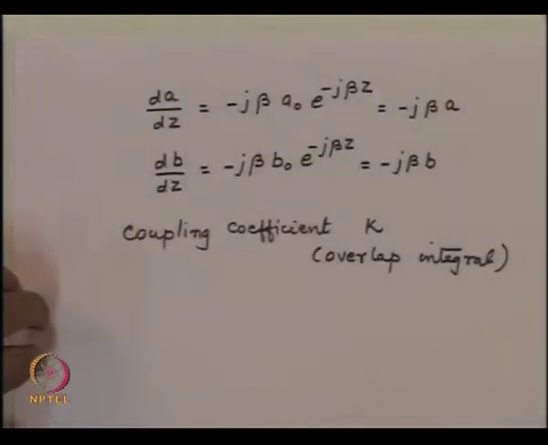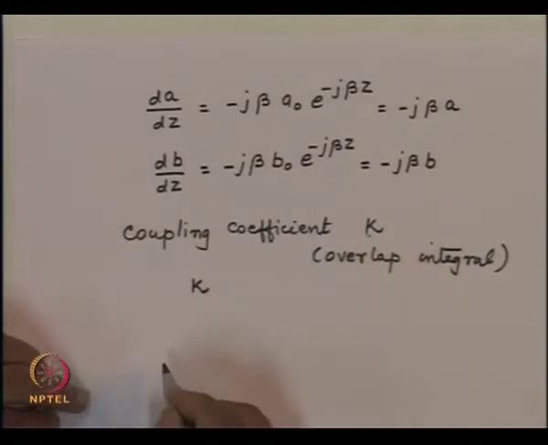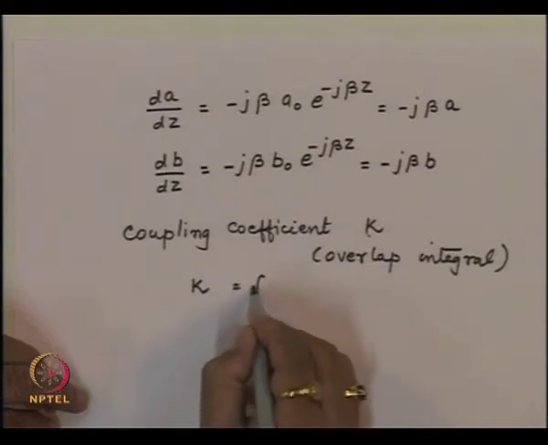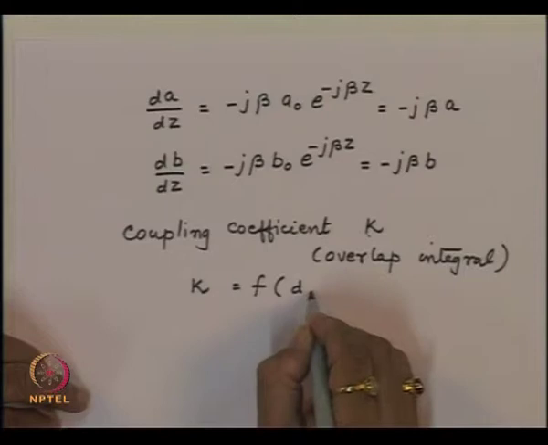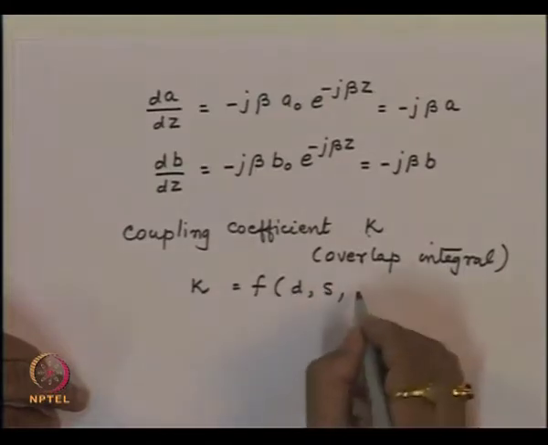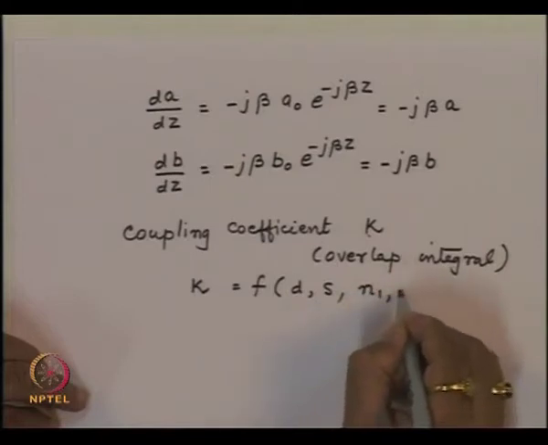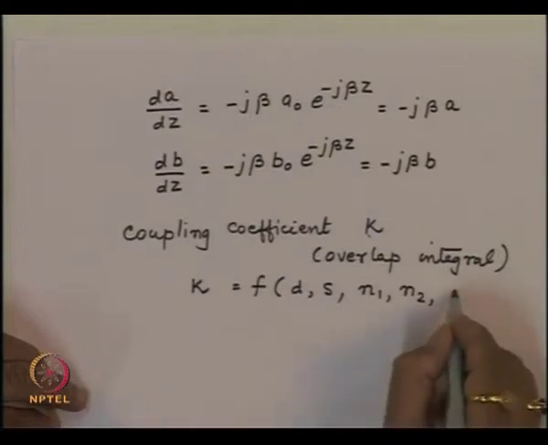So in general, we then have this quantity, coupling coefficient k, that is a function of many parameters: the separation between the two waveguides, the size of the waveguide, the refractive index of the waveguide and the surrounding medium, and the wavelength of operation.